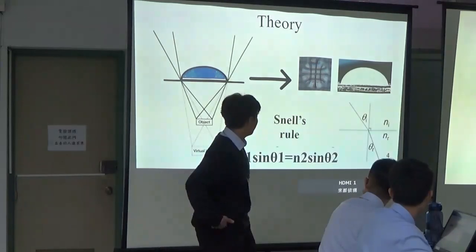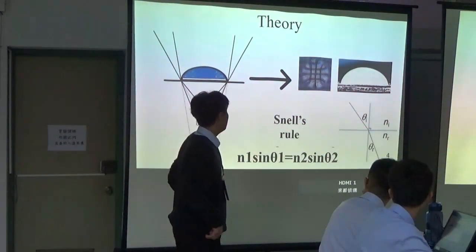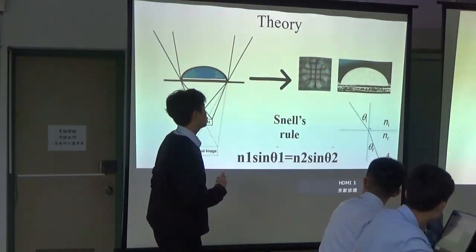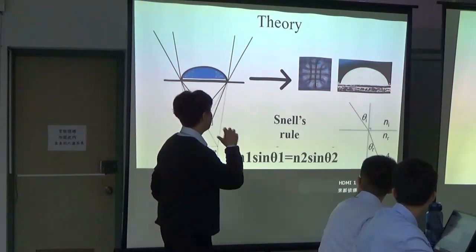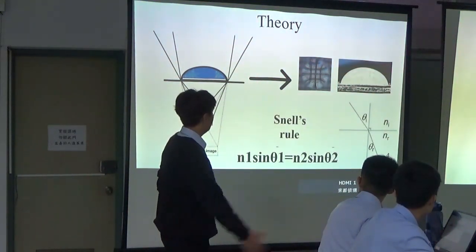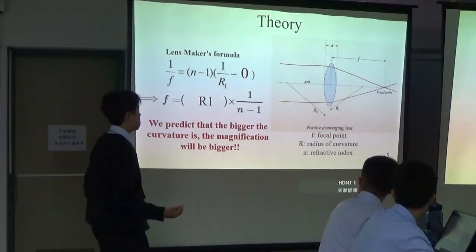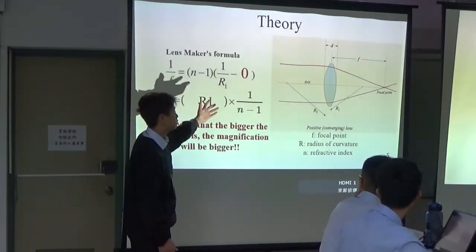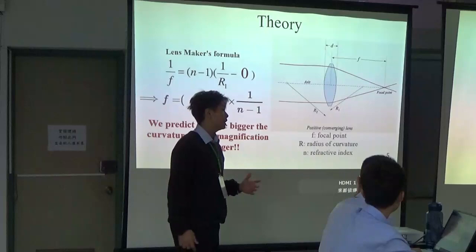The basic rule of the convex lens is Snell's law, because when light passes through different materials, it bends. So it can act like an imaging system that lets us observe an object and magnify it. This is the lens maker's formula. F stands for the focal length, R means the radius of curvature, and N is the refractive index.